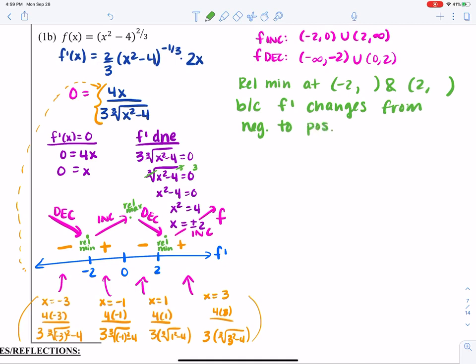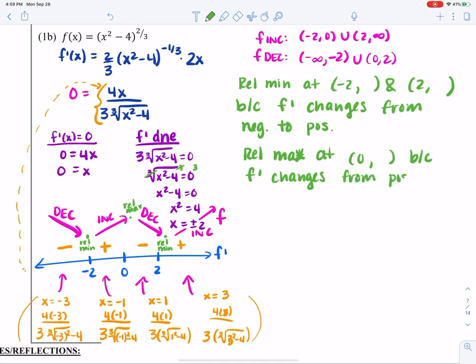Saying that f changes from decreasing to increasing is not sufficient. We're going to go ahead and also say that we'll have a relative max at 0 and some y value because f prime changes from positive to negative.